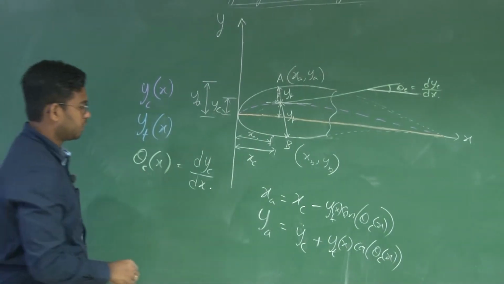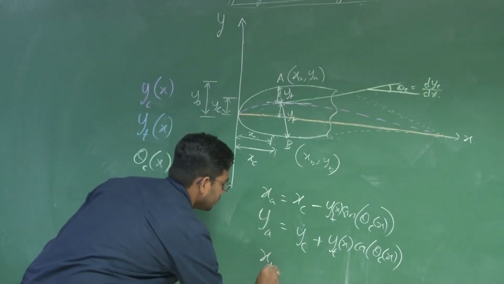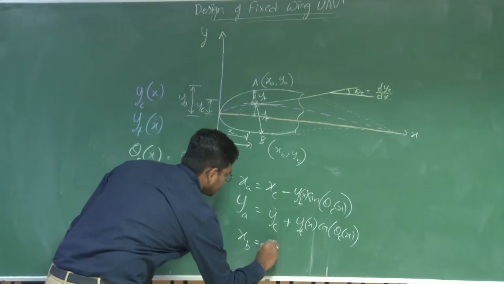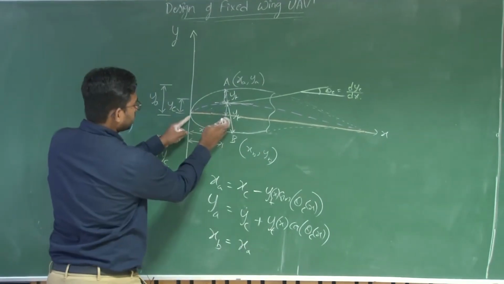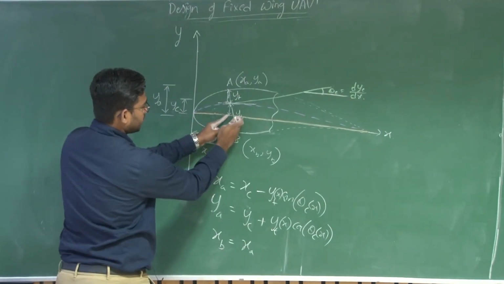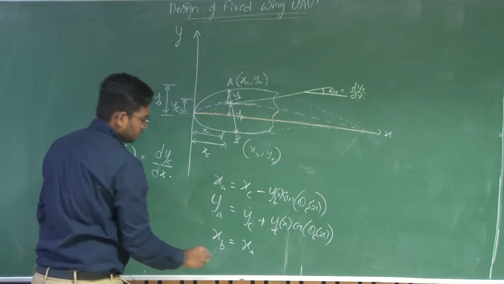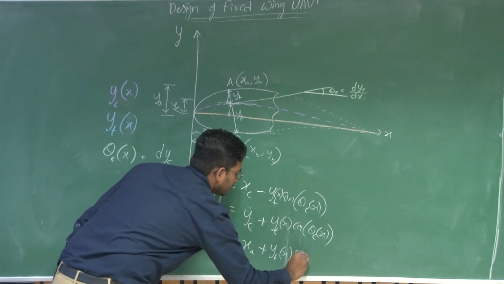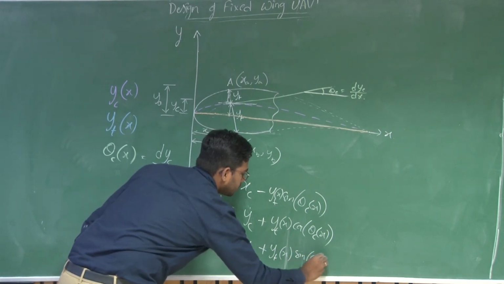Similarly, what is xb? This distance plus this distance: xc plus yt of x into sin theta of c at that x.